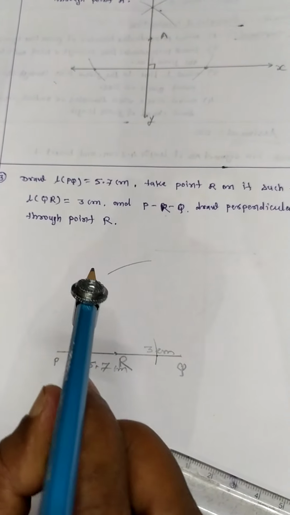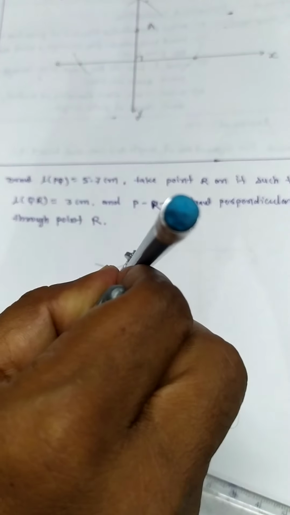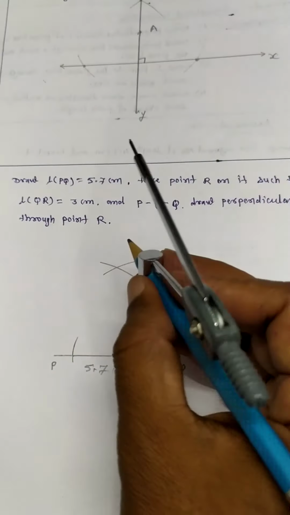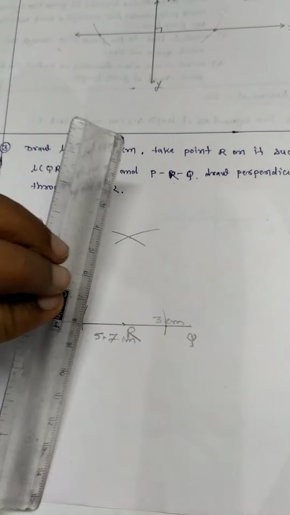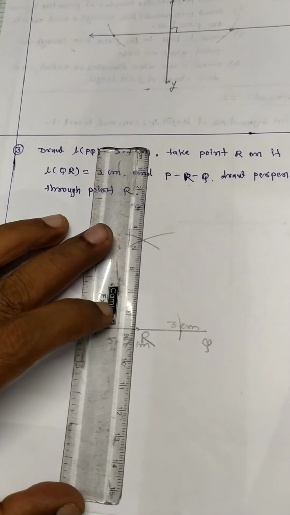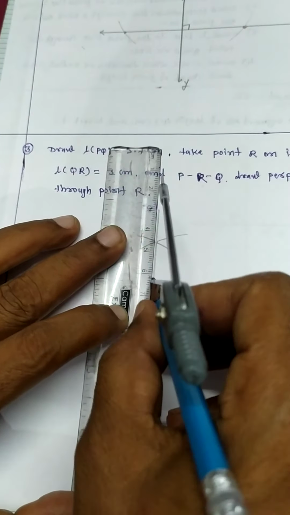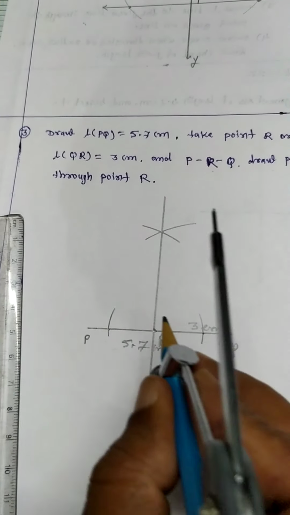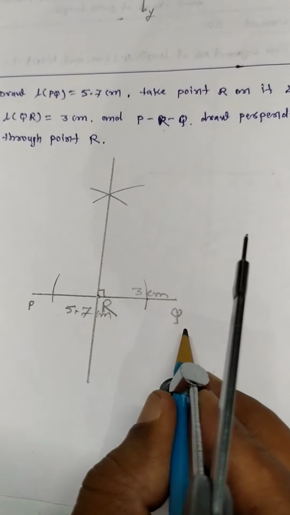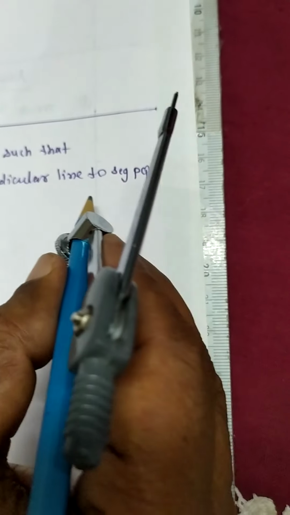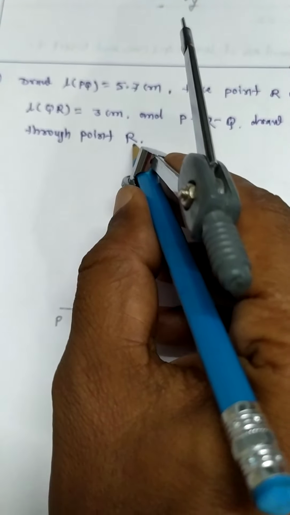In this case also, make arcs with the same distance. Now take the point of intersection of these arcs and join it with R. In this way, this is the perpendicular line to PQ. This line is perpendicular to PQ through R.